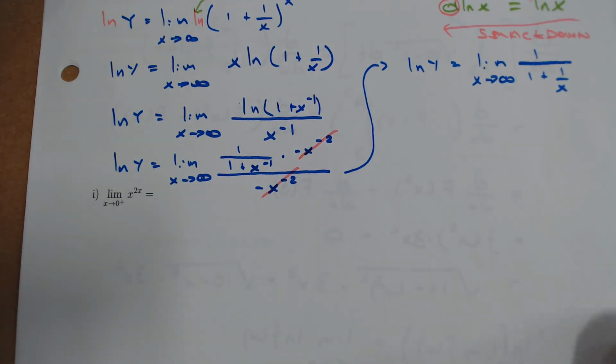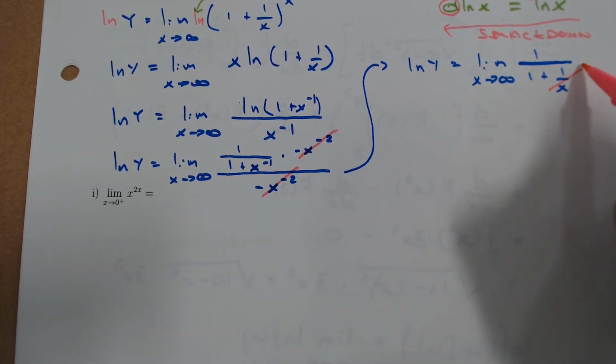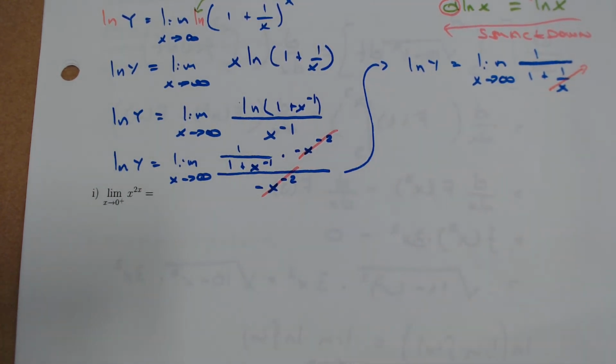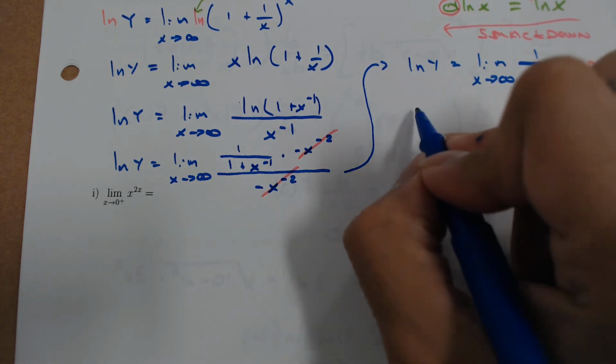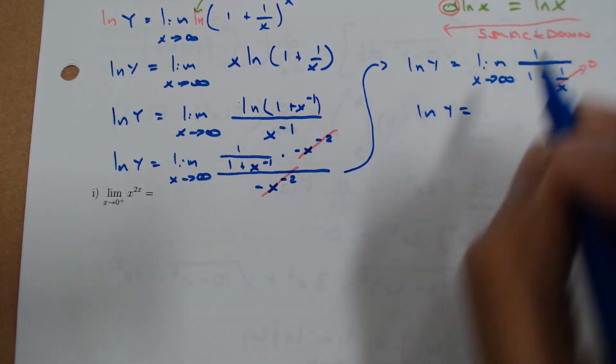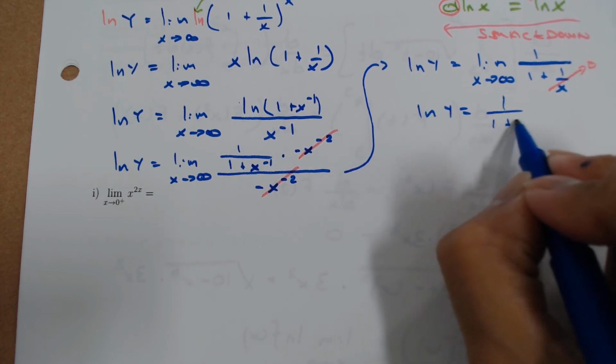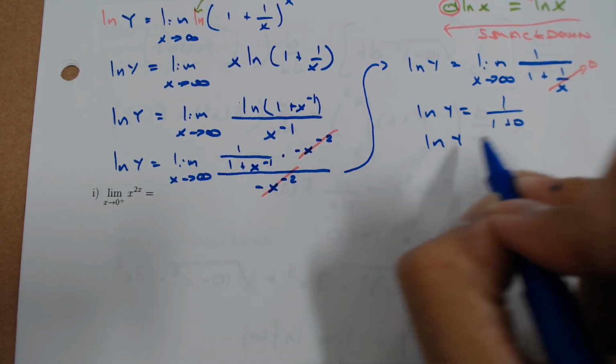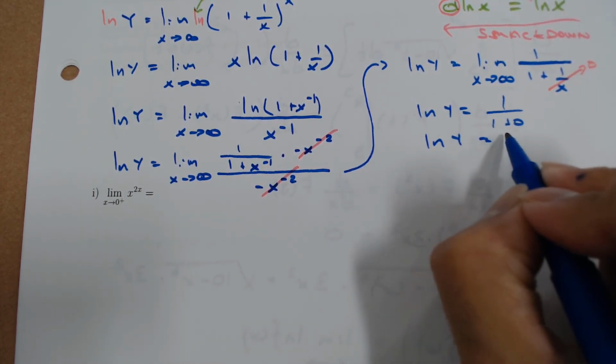Do we really need to simplify this complex fraction? Not really, because see what's happening here. Where is this quantity going to go for x towards infinity? 0, right? So we're going to have ln of y equals, no more limit, 1 over 1 plus 0, which is 1 over 1, which equals 1.